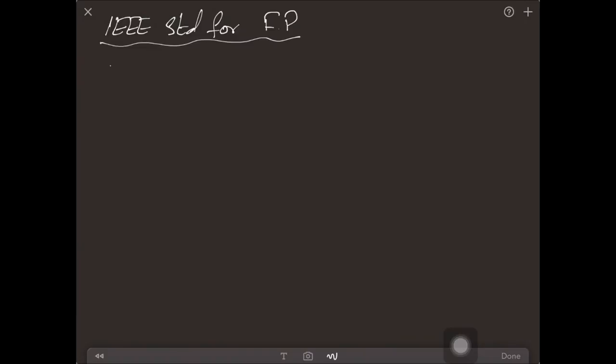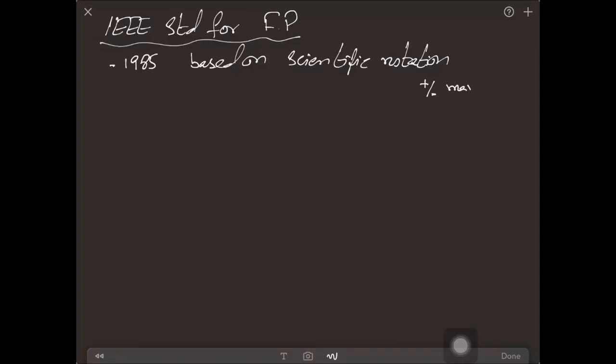It was introduced in 1985 and is based on scientific notation. And by scientific notation, as you might have read in the school days, plus minus mantissa into 10 raised to the power, what is the value of the exponent. The current version of this is IEEE 754, revised in 2008.